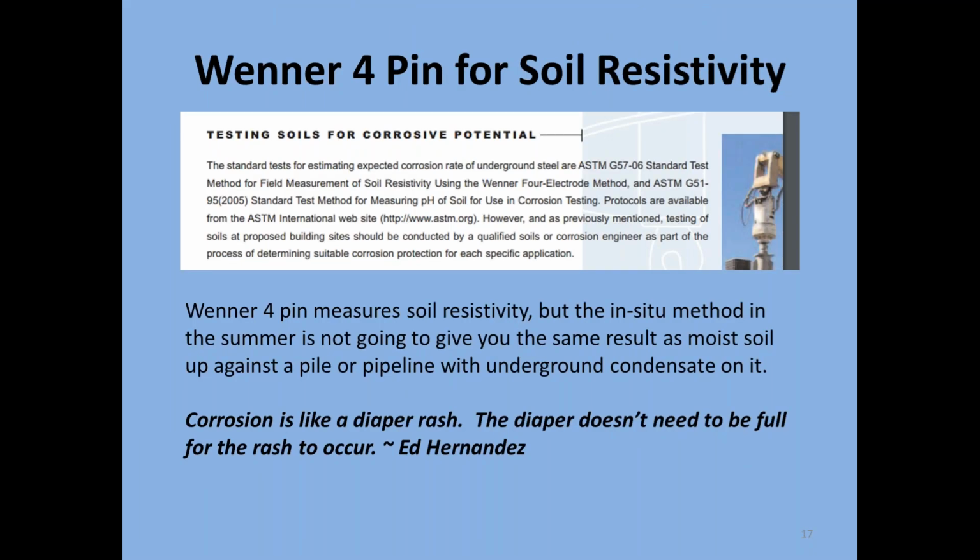Okay. Basically, 1 or 4-pin is supposed to be used for designing electrical ground beds and anode beds. It's about trying to figure out your worst case scenario, like what kind of resistance the soil gives when it's dry, or so forth.